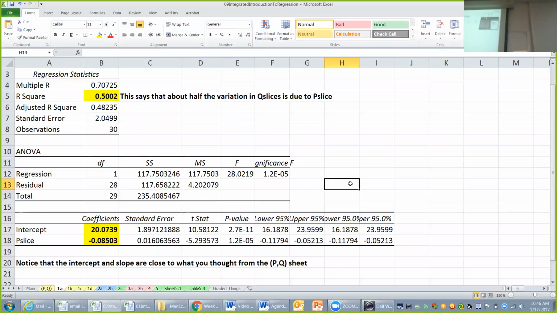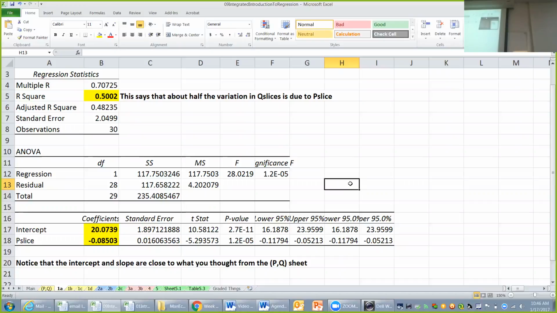And what we're wondering is, can we be pretty confident that this number's solid? And so we go through a statistical test called the Tstat to see if it is.